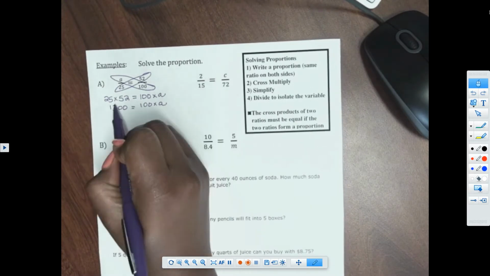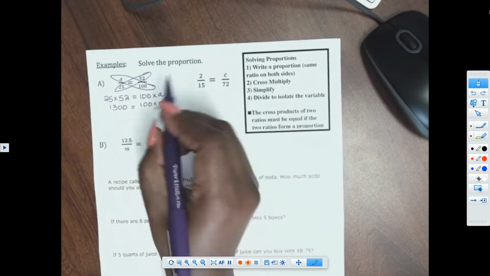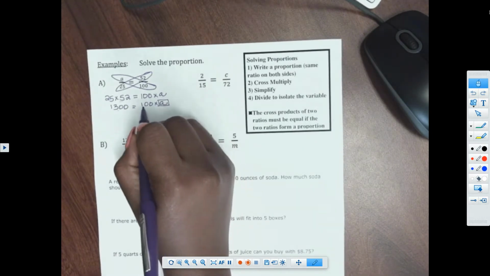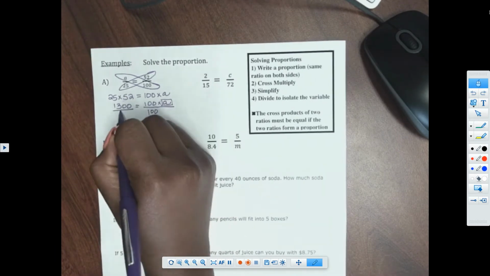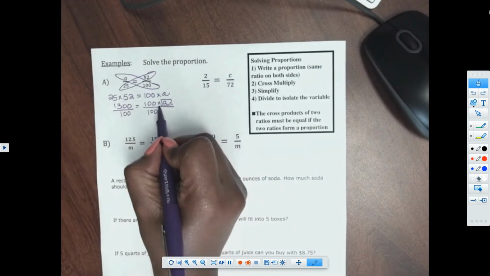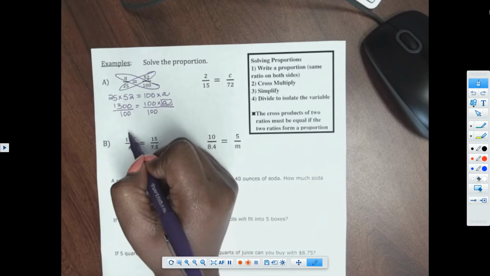Now here it tells us to simplify. That's the simplifying part, multiplying that together. And then it says divide to isolate the variable. So my variable is A. I need to divide both sides by 100 to get A by itself. And you'll learn when we start doing equations that in order to move a number from one side to the other side, you have to do the inverse operation.